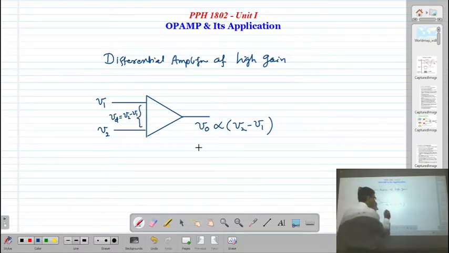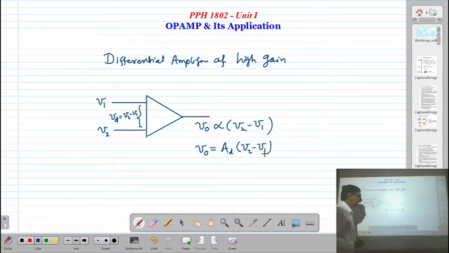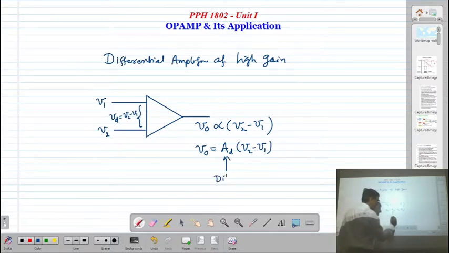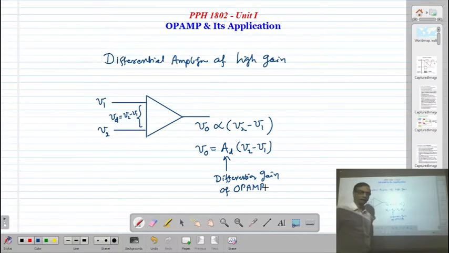Here we can write the output voltage as AD into V2 minus V1. Then this AD is known as the differential gain of the op-amp.